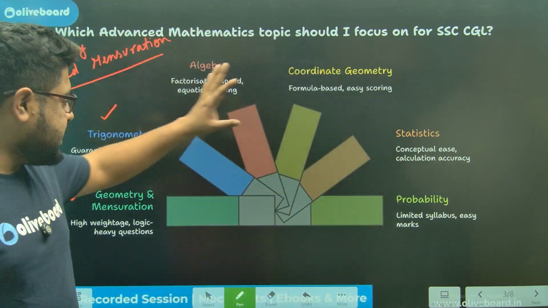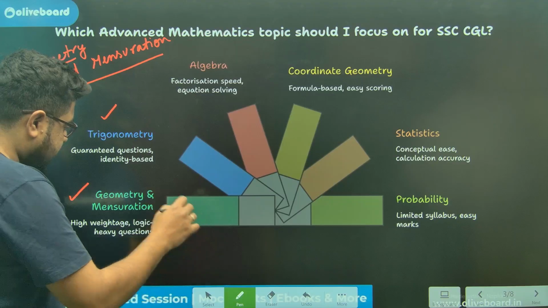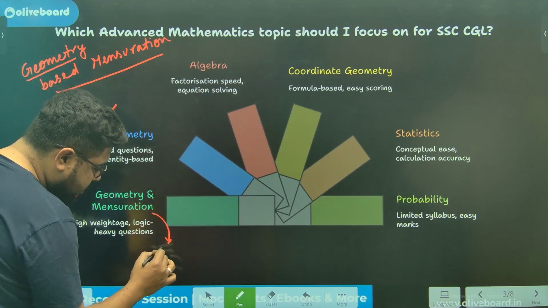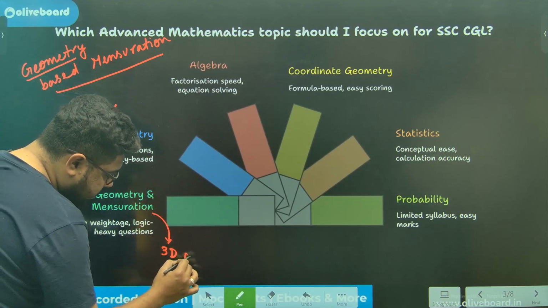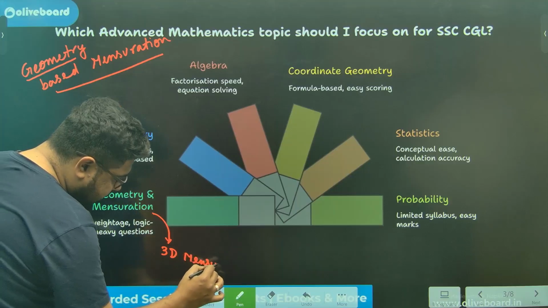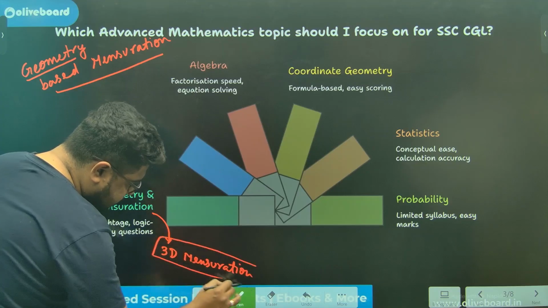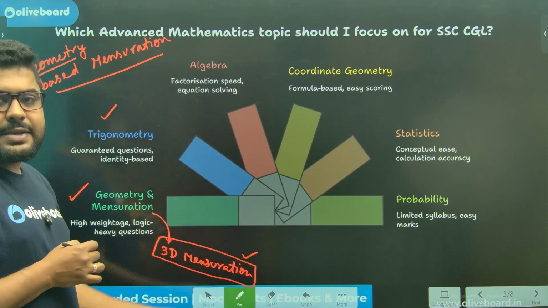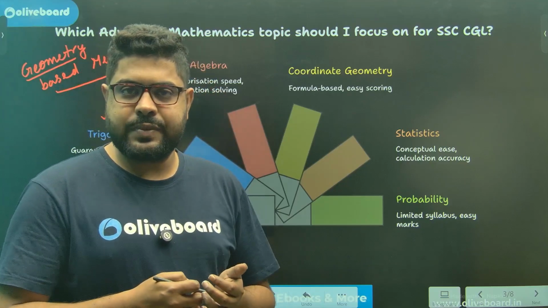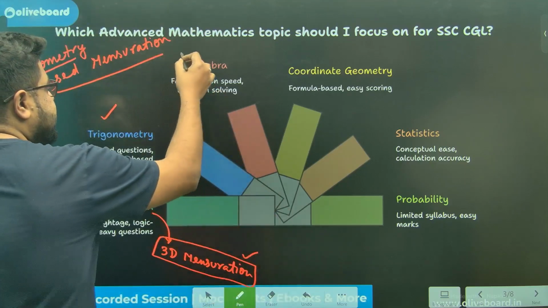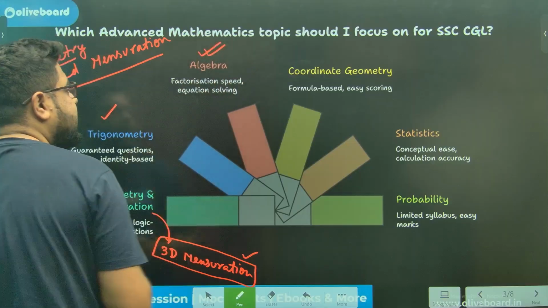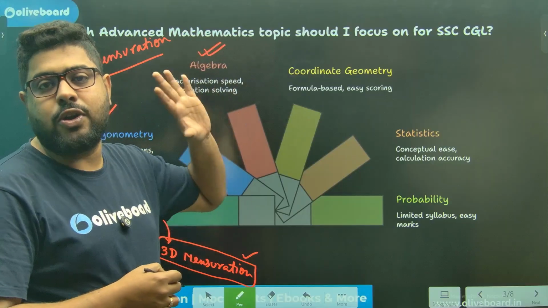Now this is mostly for 2D. Another part of mensuration is 3D mensuration. Mostly that does not require any kind of geometry apart from only frustum. The concept of frustum has similarity concept involved. Now, algebra, definitely something you have to prepare, this is a whole segment altogether.